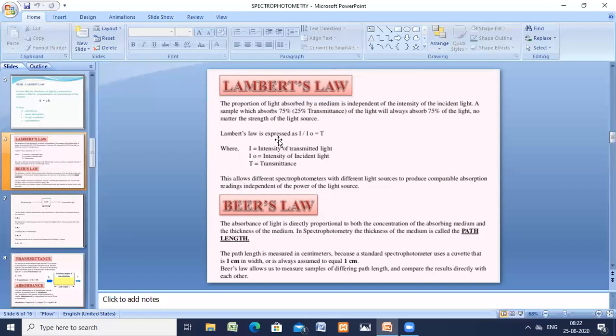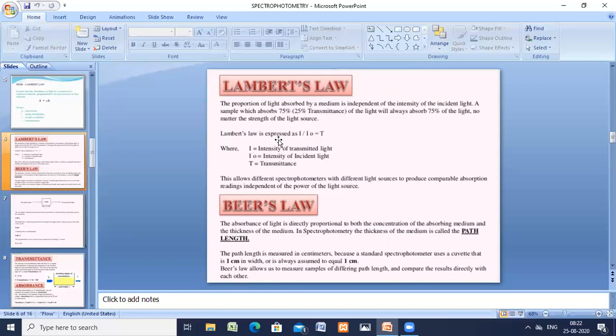This is equivalent to stating that the intensity of the transmitted light decreases exponentially as the thickness of the absorbing medium increases arithmetically.